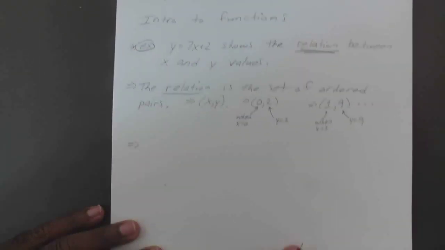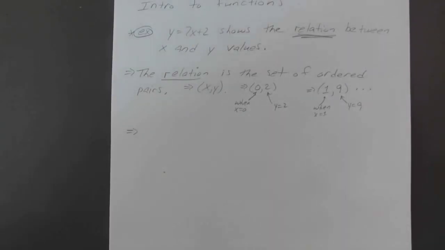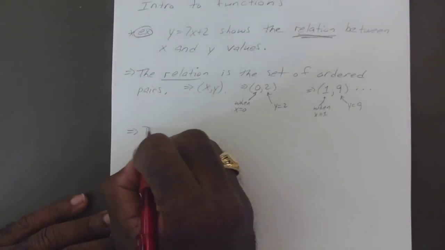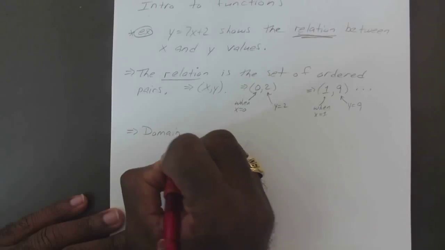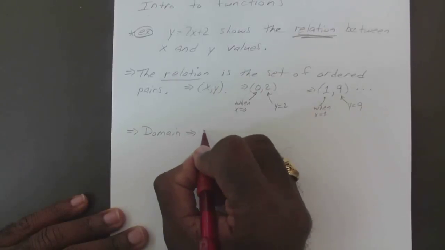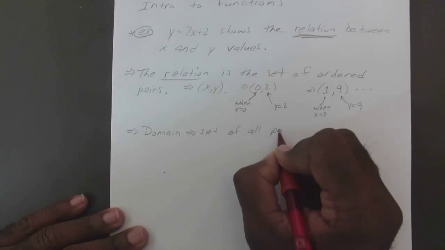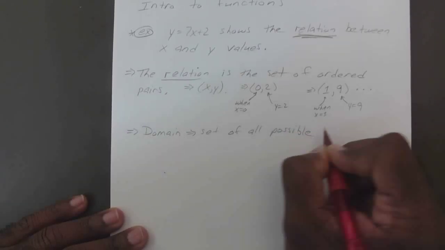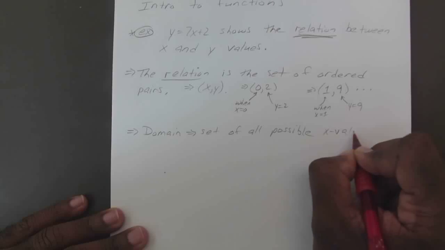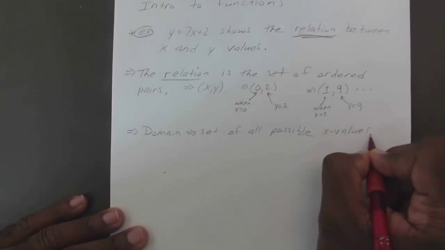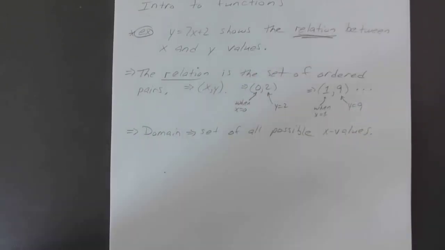The domain is the set of all possible x values. And the range is a set of all possible y values.